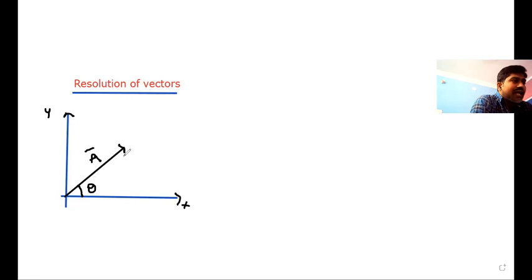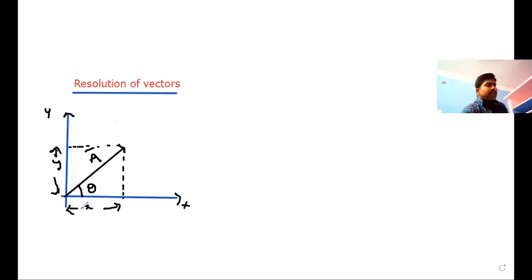Now, how to calculate the x component? We can calculate the x component by taking a projection onto the x-axis. That is x only. If I consider a projection onto the y-axis, this value will be y. It will form a right angle triangle here.